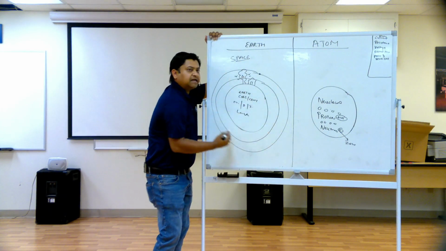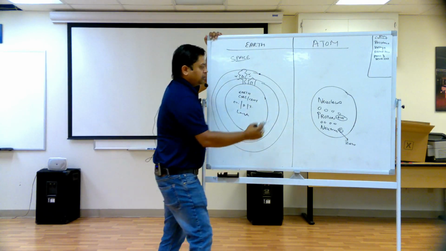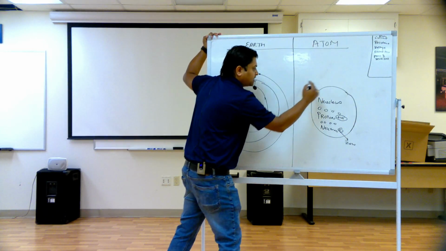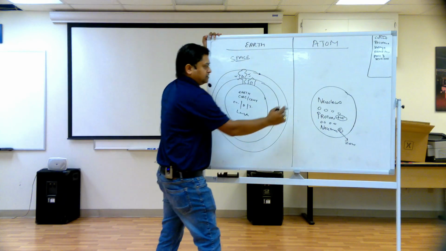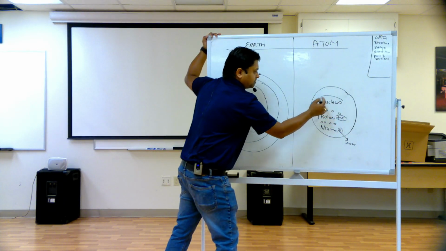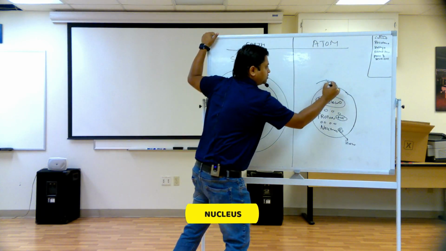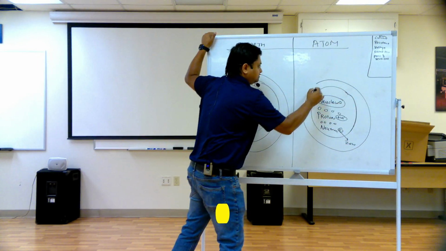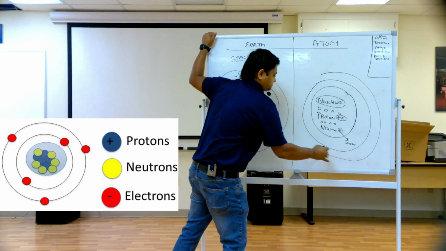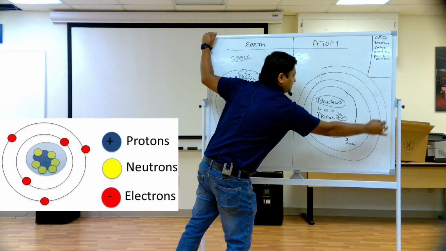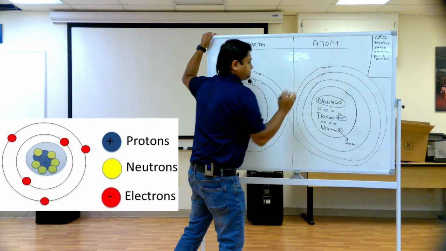Just like the Earth's atmosphere, you have an atmosphere around the nucleus, and this atmosphere also has different layers.